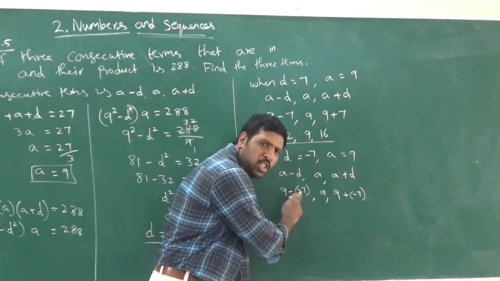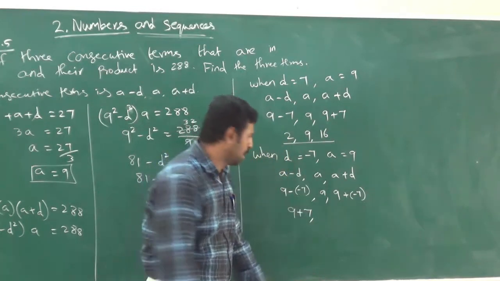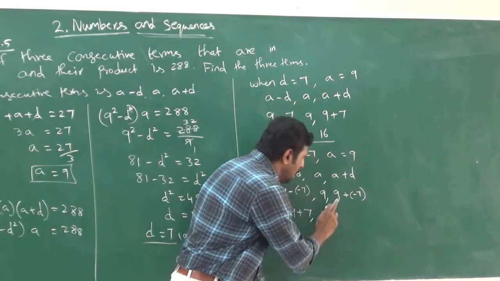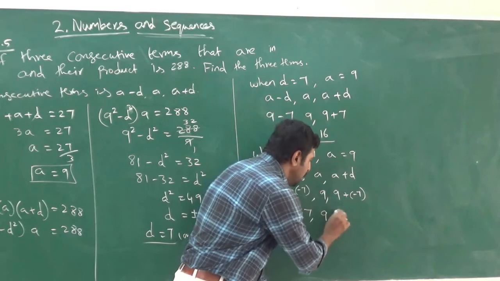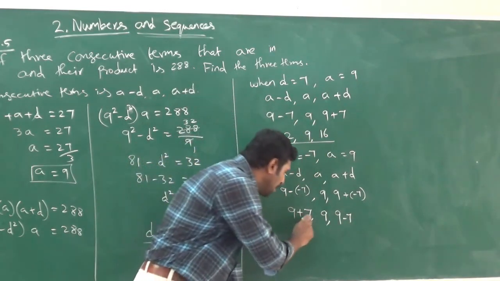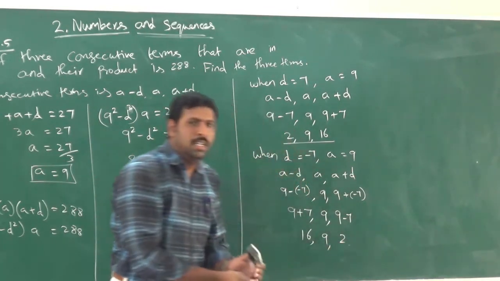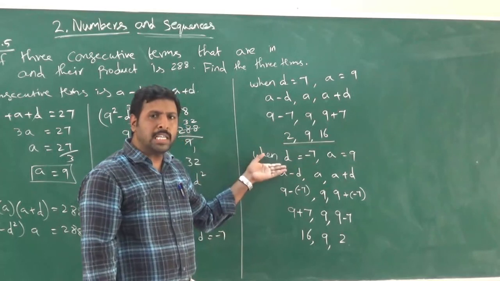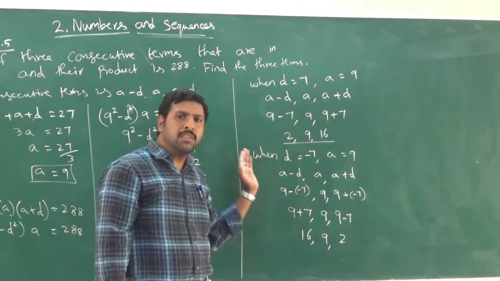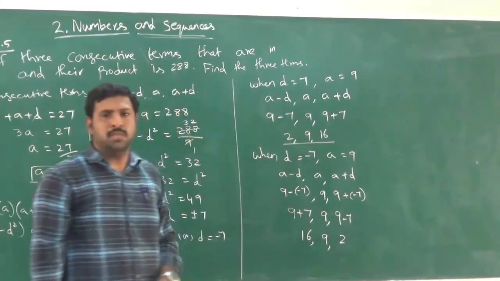Then 9 minus into minus is plus, 9 plus 7, comma, here we have 9 and then 9 plus into minus is minus 7. Then we get the value 9 plus 7 is 16, here 9 and then 2, right? So when we apply the positive value and negative value, the AP sequence is in the reverse order, that is the terms. So these are the three consecutive terms of AP.